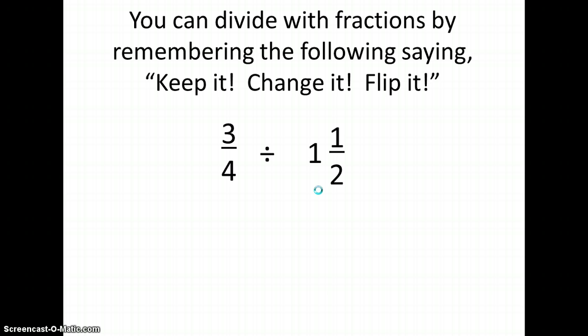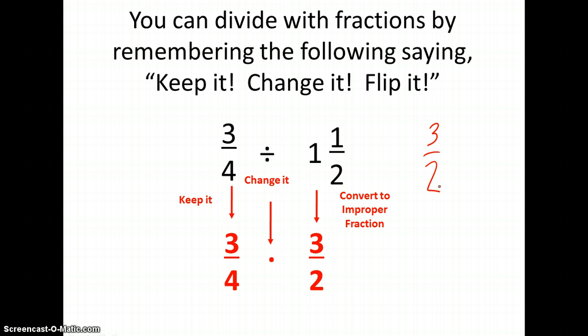If I wanted to keep it, change it, flip it with this problem, I would keep the 3/4, change the division to multiplication, but with my mixed number, I need to turn that into an improper fraction first. So 1 1/2 as an improper fraction is 3 over 2. Keep that in mind when you go to flip your fraction.